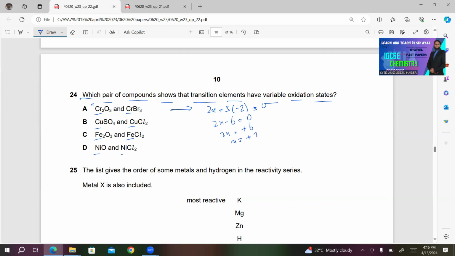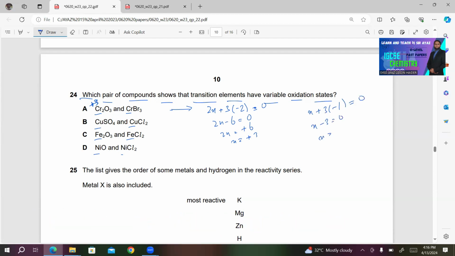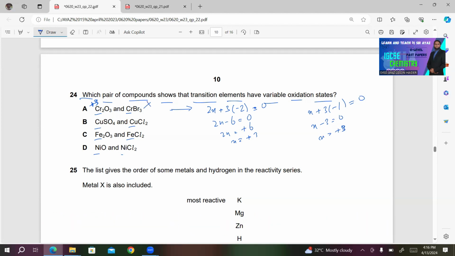So it's having plus 3. CrBr3, x plus 3 minus 1 is equal to 0. So x minus 3 is equal to 0, or x is equal to plus 3. So in both of these compounds, it has the same oxidation state. So this can't be the right answer.